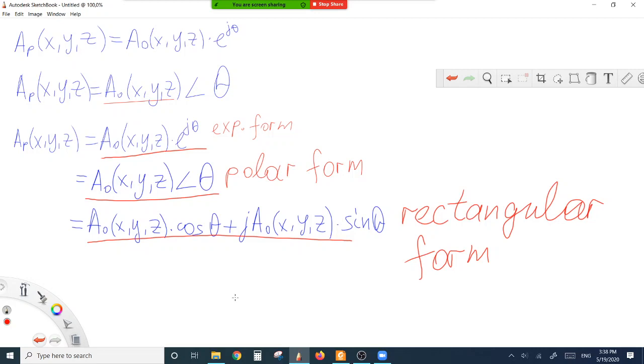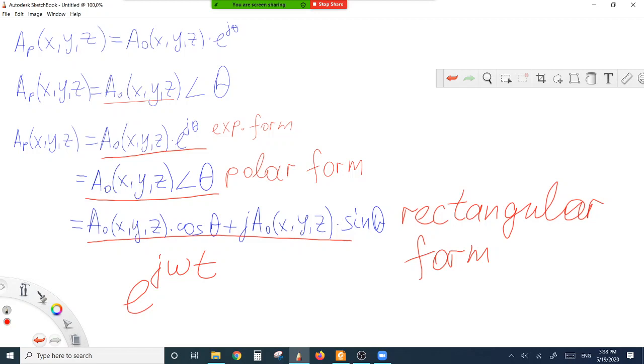It allows the representation of fields in terms of magnitude, which is A0 in this case, and a phase angle theta, without explicitly considering the time, since the phasor doesn't contain the term e to the j omega t.